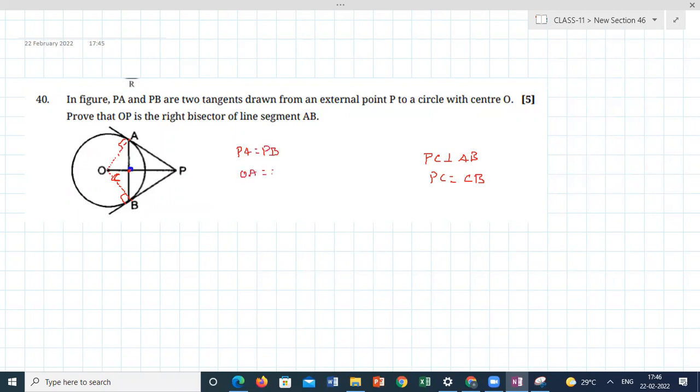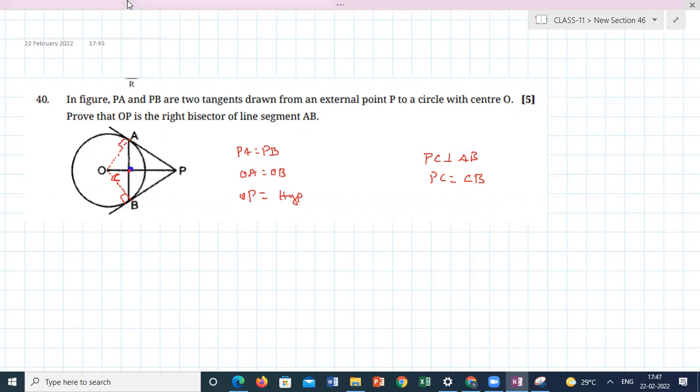OA is equal to OB, radius, and OP is the common side, that is the hypotenuse. So using the right angle triangle property, you can prove the two triangles are congruent to each other. Based on that, how can we proceed to say OP is perpendicular to AB, and AC must be equal to CB.